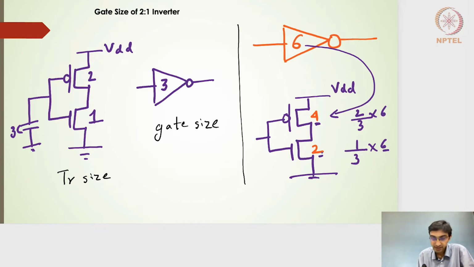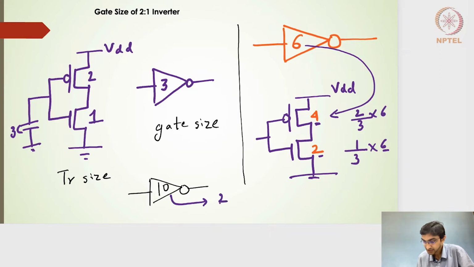If I have a different size, let me take an inverter with a size of 10. What it means is I will need 2 by 3 parts of 10 on the PMOS side, so the PMOS transistor width will be 2 by 3 multiplied by 10, and NMOS will have 1 by 3 parts of 10.